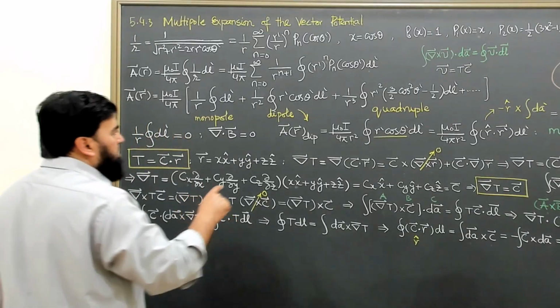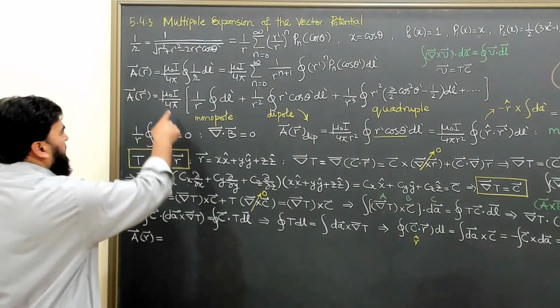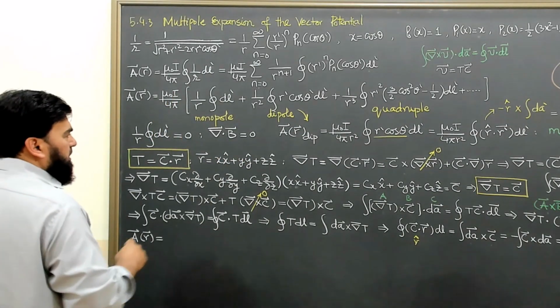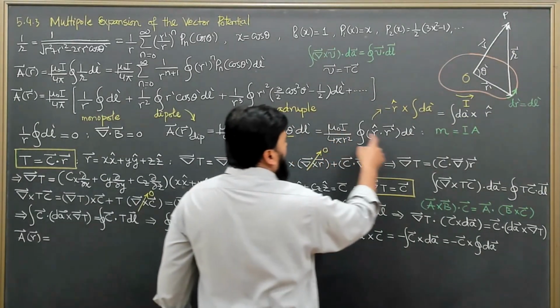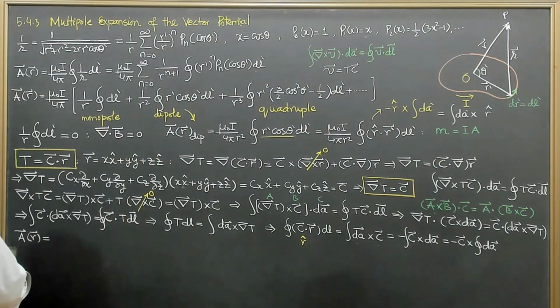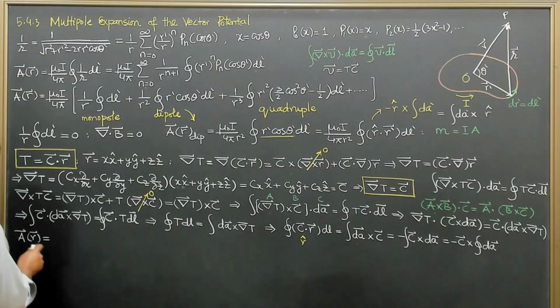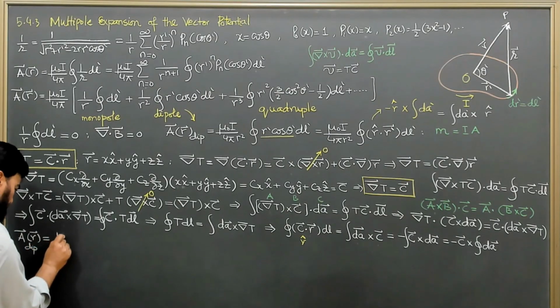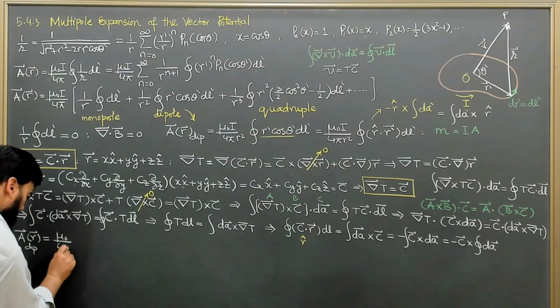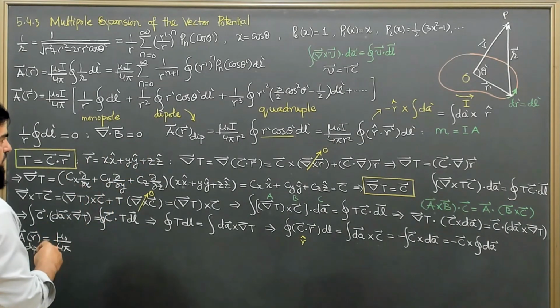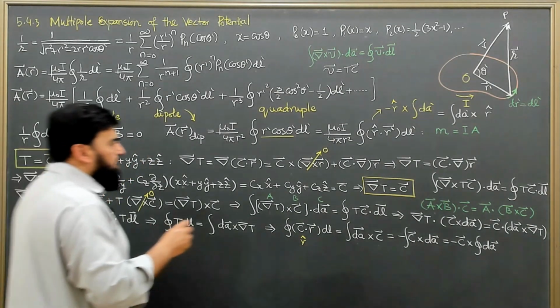Now, when I multiply this I with dA and cross r, I can write this for the dipole as mu naught over 4 pi, and that will bring out I dA from here.